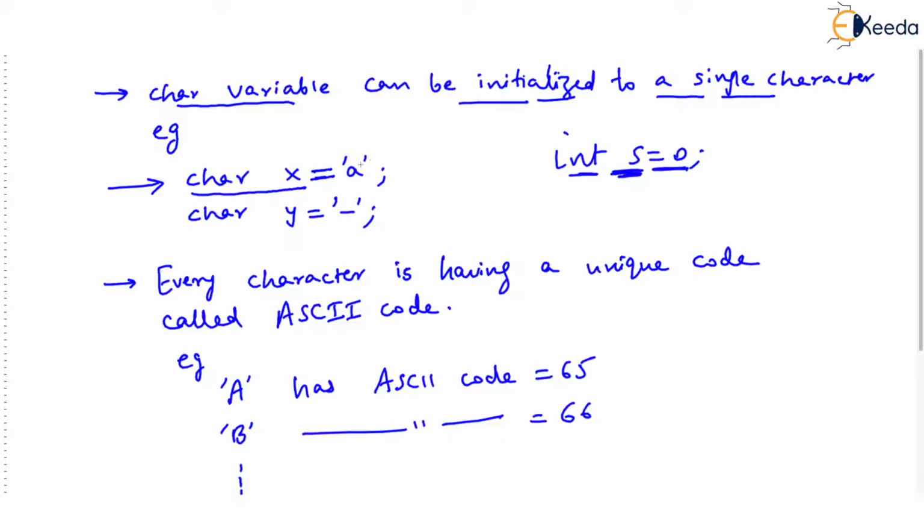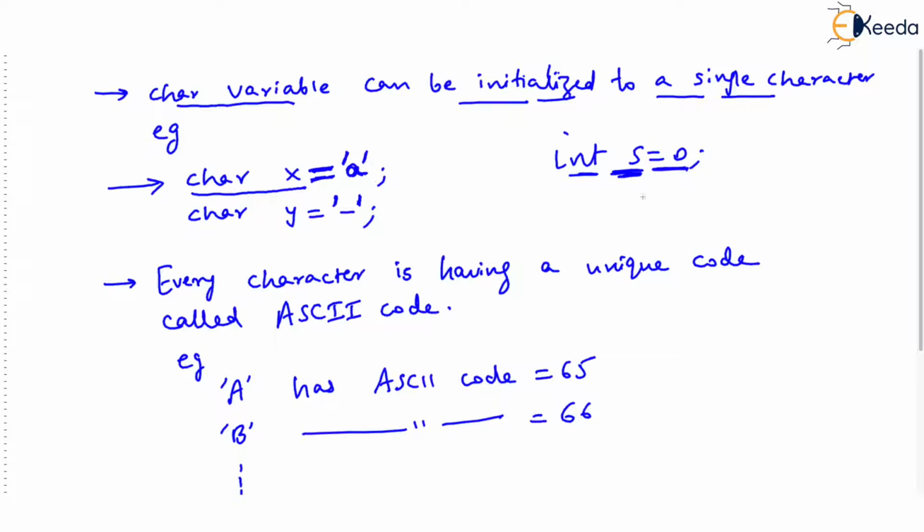But just be careful: when you write the constant character on the right hand side of equal to, you have to enclose that character in quotation, that is, single quote. Many of you might call this apostrophe, but characters are always enclosed inside the single quote. Note, it is a single quote, not a double quote.